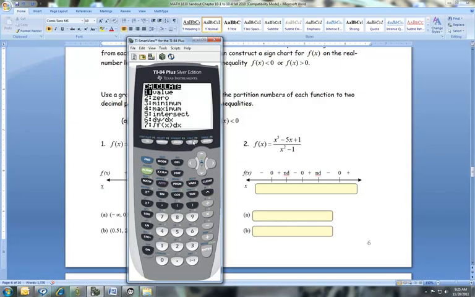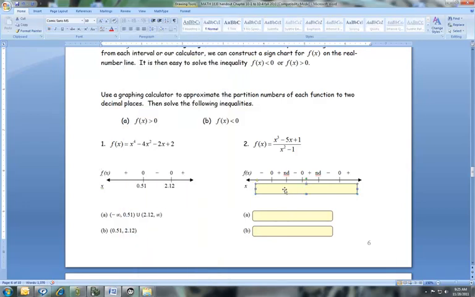Second calc 0, and it looks like it cuts through between 2 and 3, so I'm going to put 1 and 4. So 2.13. Let's see if that's what I've got. I believe that's what I said.